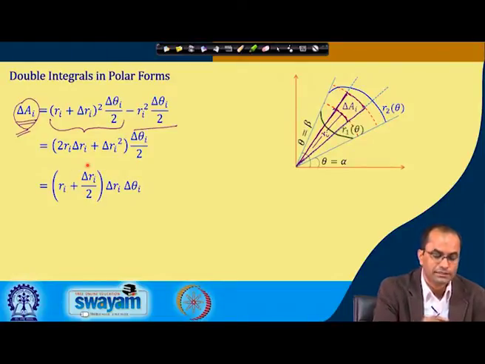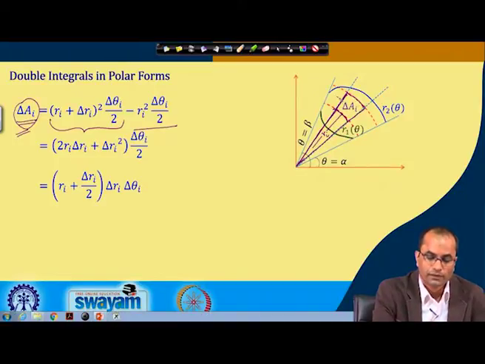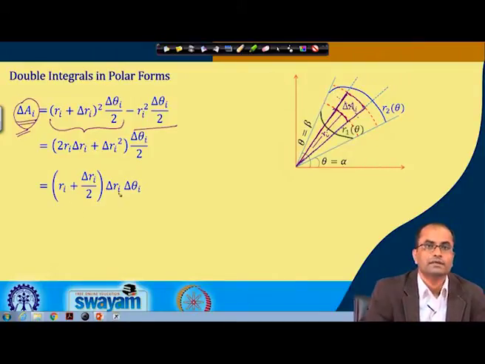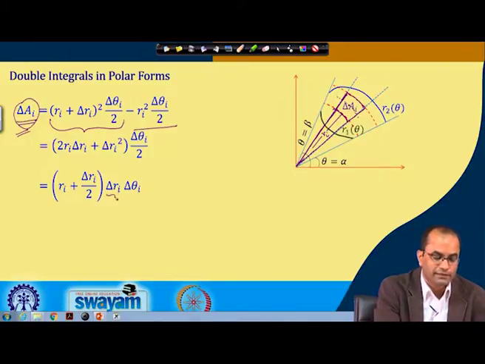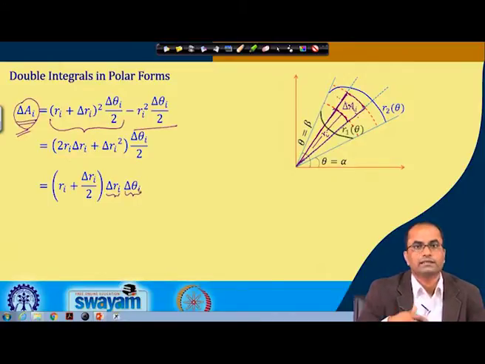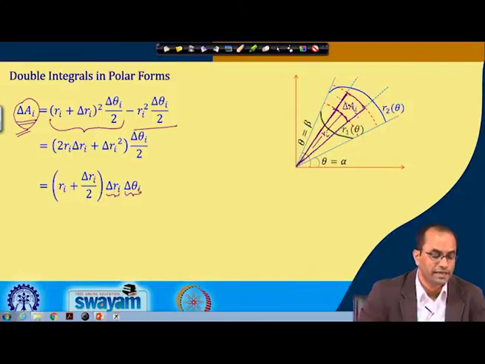So, this r I plus delta r I by 2 is somewhere in the middle here. So, this is the circular arc which has the radius r I plus delta r I by 2, and then we have delta r I and this delta theta I, the increment we have made in the radius and also in the angle.